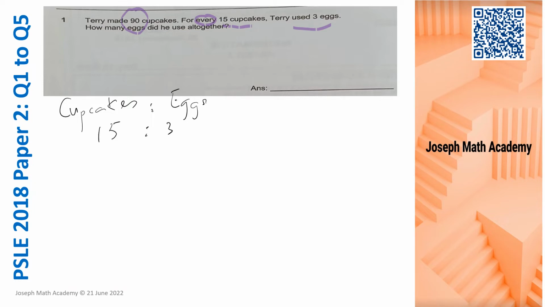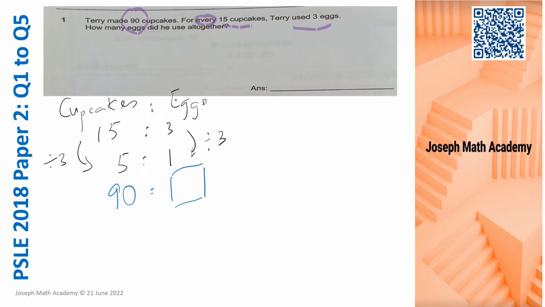I can simplify this ratio to get 5 to 1. That means if I want to make 5 cupcakes, I need 1 egg. Now, Terry made 90 cupcakes. According to the question, Terry made 90 cupcakes. So how many eggs did he use?